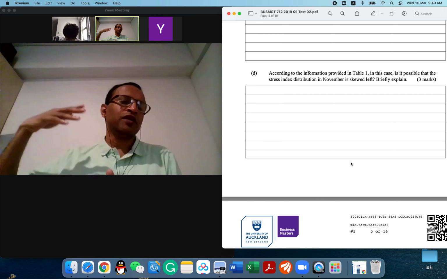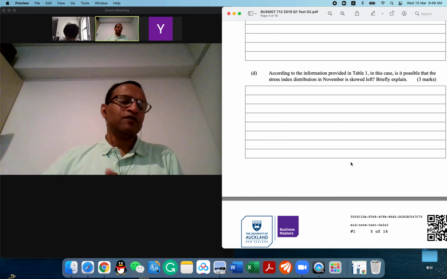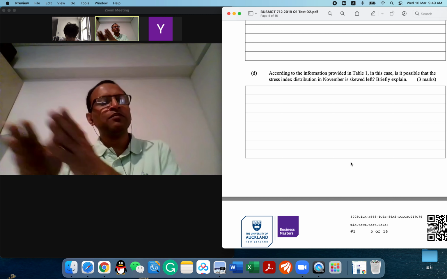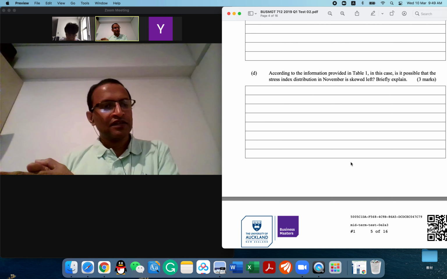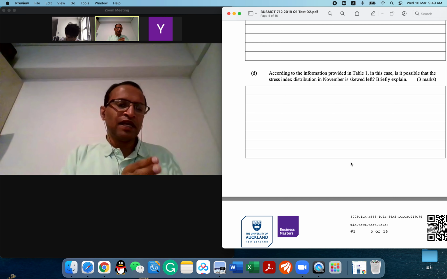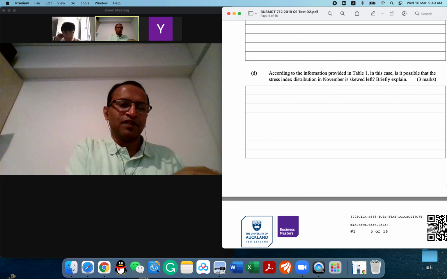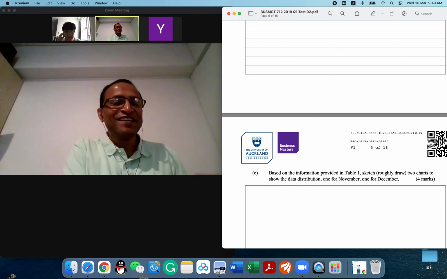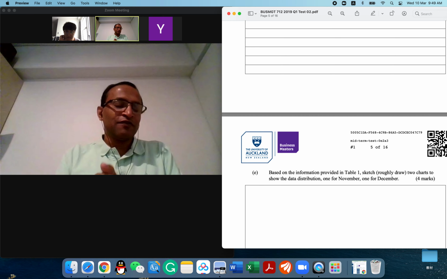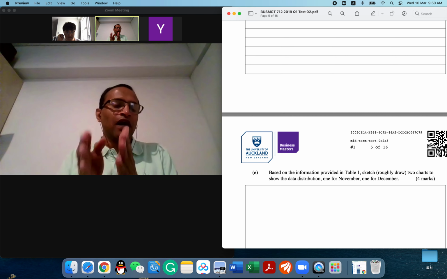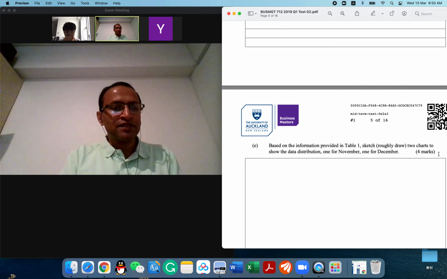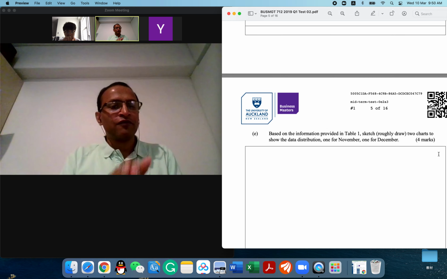Somebody could be earning even millions, which means that your mean might be more than the median. Whereas on the lower side, it can't be less than zero. Nobody will earn negative, right? So when you say the median is 55,000, all you're saying is that half of the population earns less than this, half earns more than this. Does it make sense?